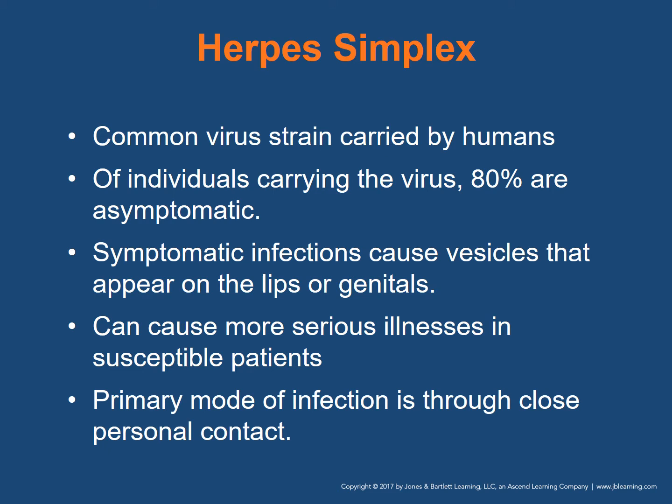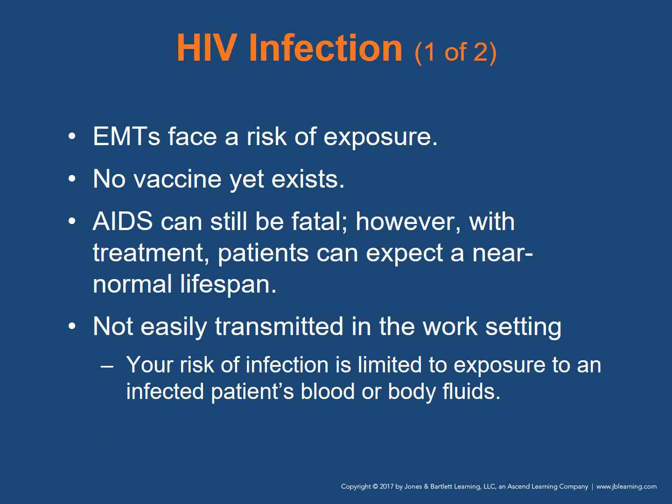The next infectious disease is HIV. And we face a huge risk of exposure to HIV, especially when we are dealing with patients who are expelling bodily fluids, so blood, urine, feces. It can be fatal. There is no vaccine, but we're reaching a point where the drugs can mitigate the disease and allow you to live a very long life.